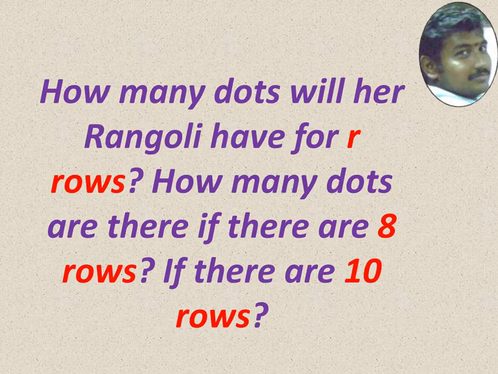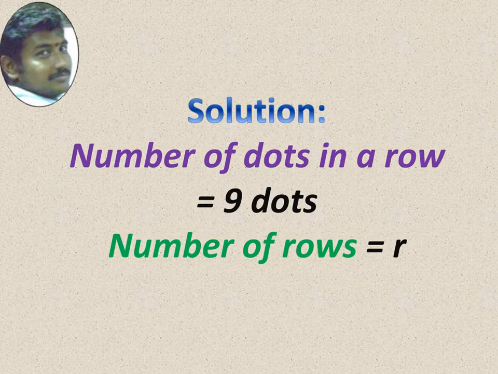Okay. So this question contains 3 sub questions. First, r rows means how many dots, then 8 rows means how many dots, and 10 rows means how many. Here the number of dots in a row is equal to 9 dots. Number of rows we do not know. Here we assign r. So number of rows is equal to r.